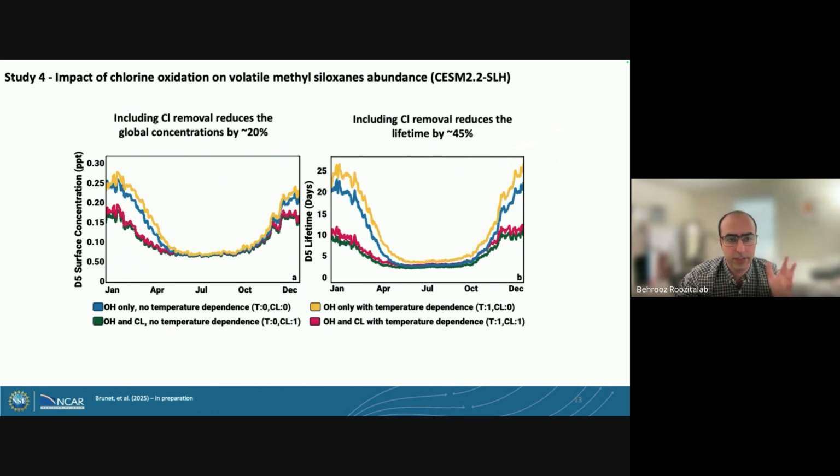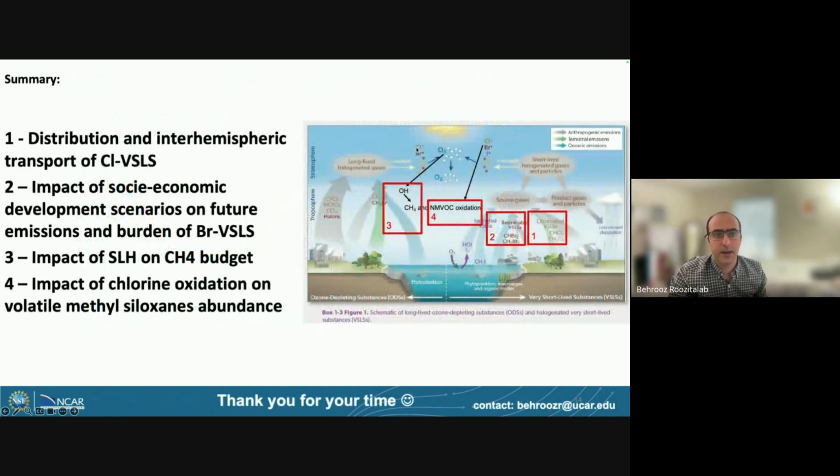If you only look at the difference between orange color and red color, we see that by inclusion of the short-lived halogens and specifically chlorine radicals, we estimated that global concentrations decrease by 20% and lifetime increases by around 45%. So this was a very fast overview of 4 studies. And with that, I'm happy to answer your questions.